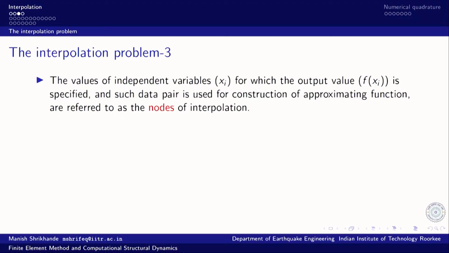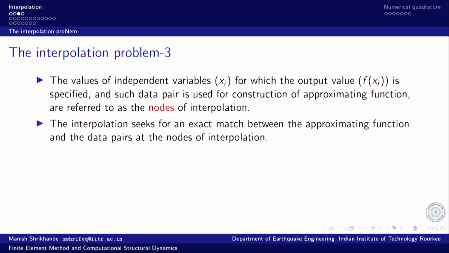So, the values of the independent variables for which the output variable is specified, and such data pairs used for construction of the approximation function, are referred to as the nodes of interpolation.